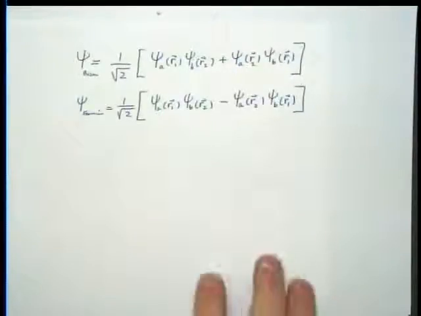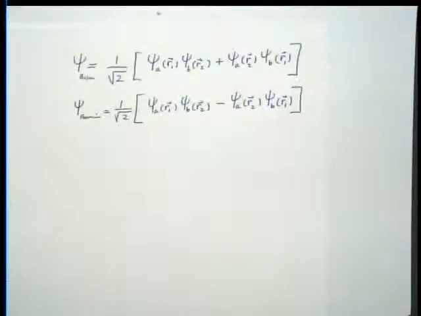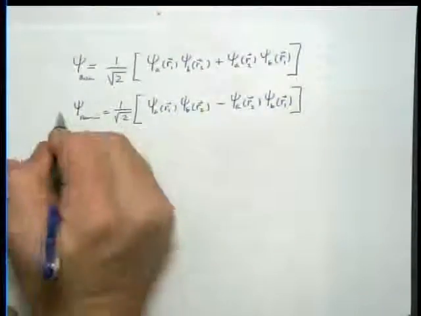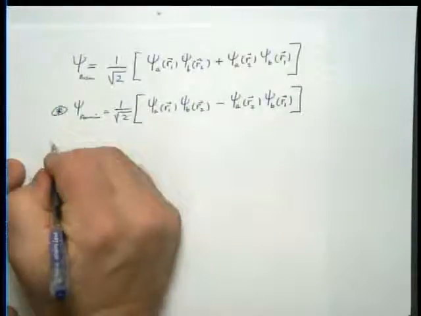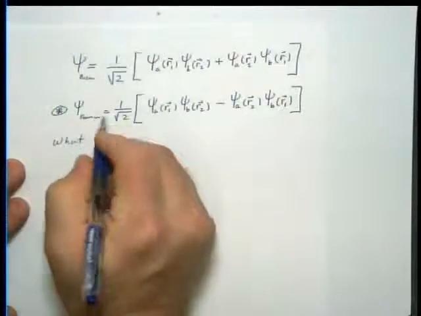And here's the interesting thing. What happens for a fermion if you make the two electrons in the same state, so A and B are the same? So what's of interest is to look at this one.